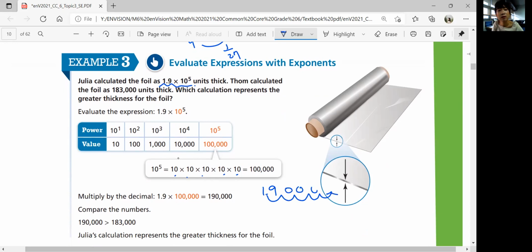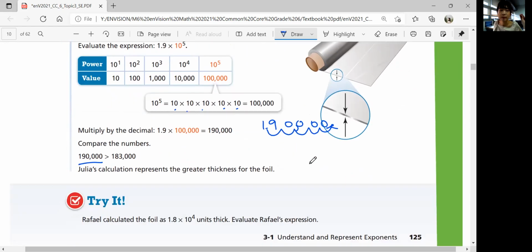So how many zeros do you have? 4. And that's going to be 190,000. Is 190,000 bigger or 183,000 bigger? 190,000, right? So Julia's calculation represents the greater thickness for the foil is your final answer for this word problem.